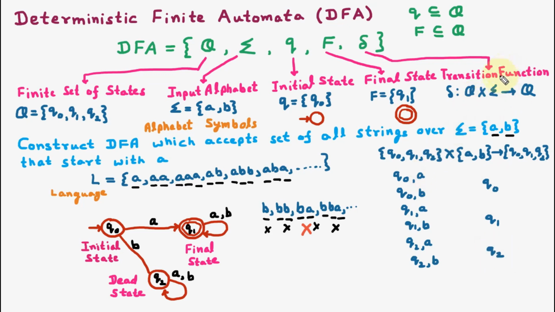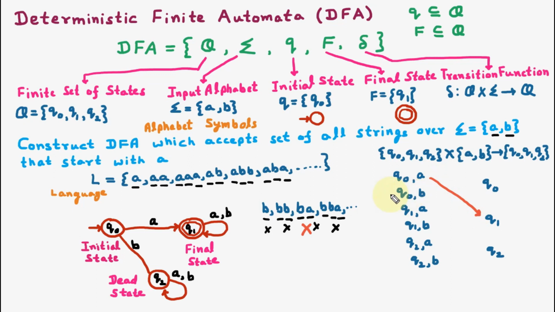The transition function tells the state, let us suppose we are on Q0. So we are here on Q0 and A will come. What will happen? We will go to Q1.